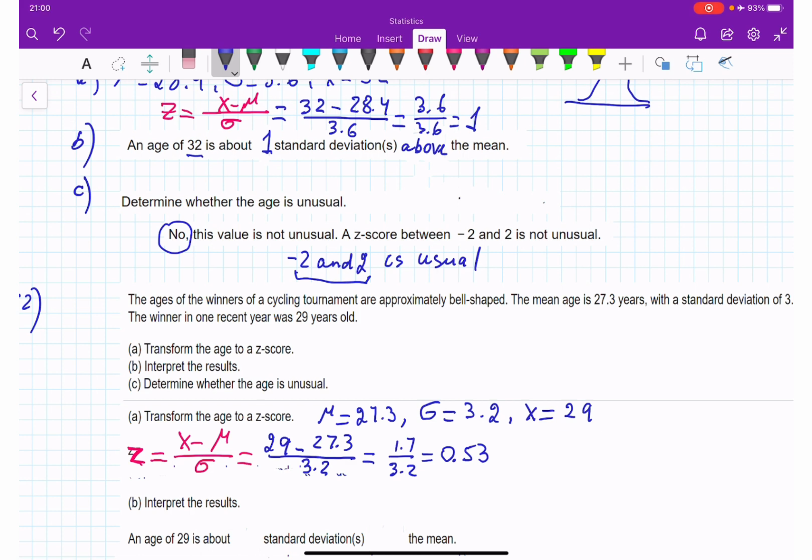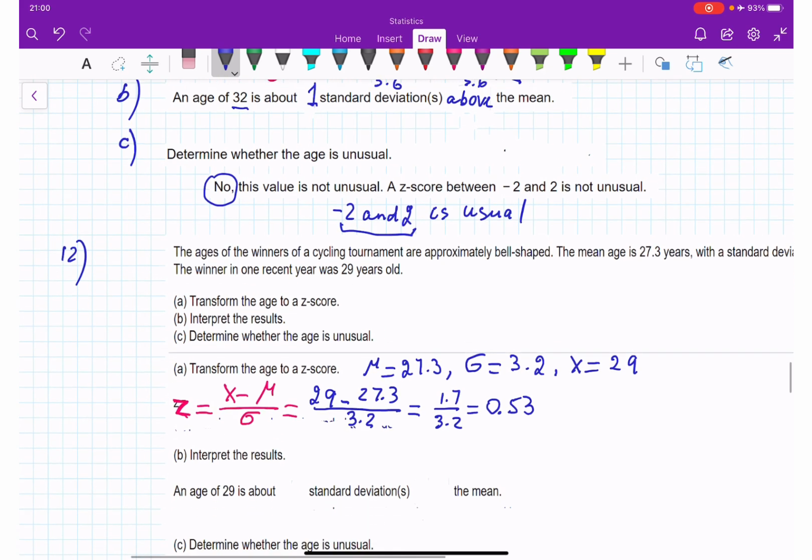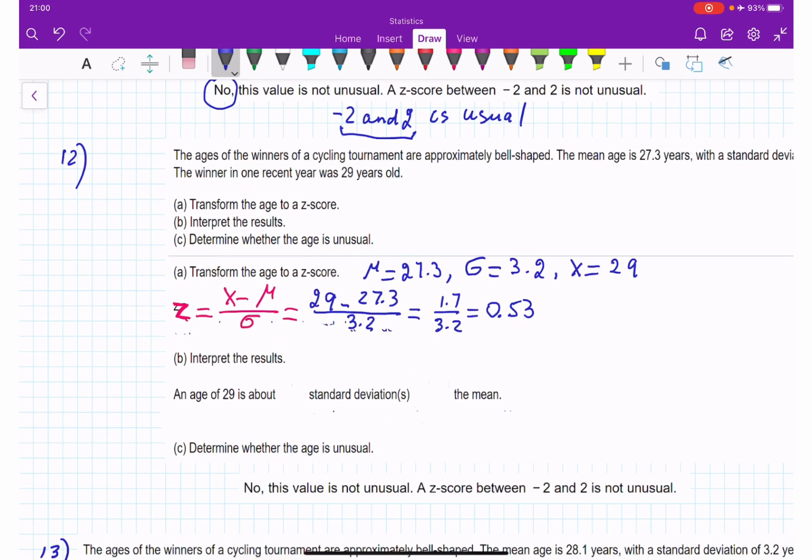Question number C. Interpret the result. So an age of 29 is about 0.53 standard deviations above or below the mean. Remember, if the z-score is negative, then it's going to be below the mean.